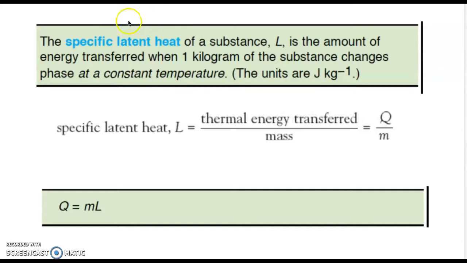So every material has two different specific latent heats. Okay, and this is how the maths would work. Your specific latent heat is the amount of energy transferred during that change of state divided by its mass, or Q, heat energy, equals mL.